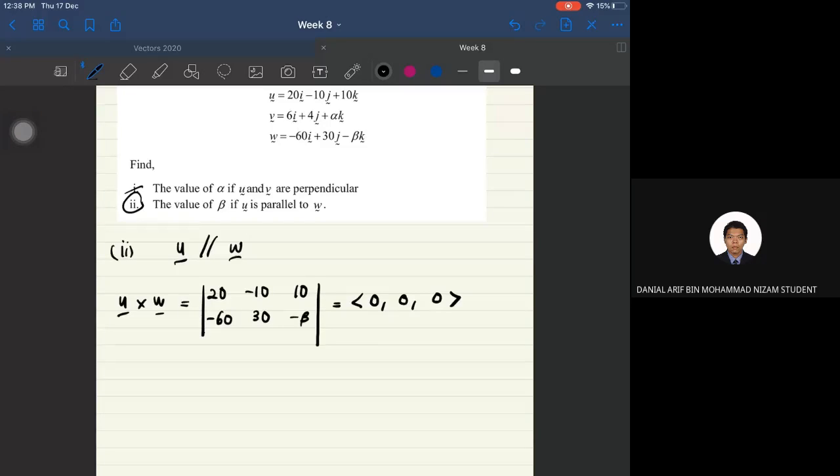Boleh buat tak? Diam jawab. Risau pula. So, siapa dapat jawapan beta dia? Cepat.